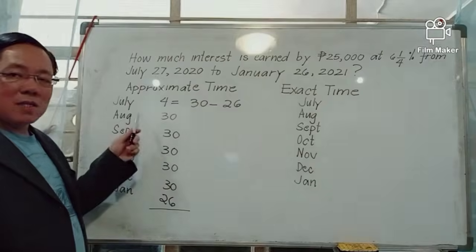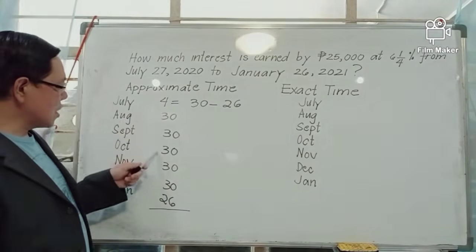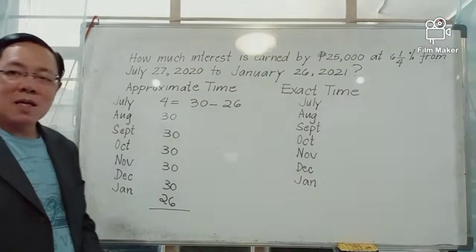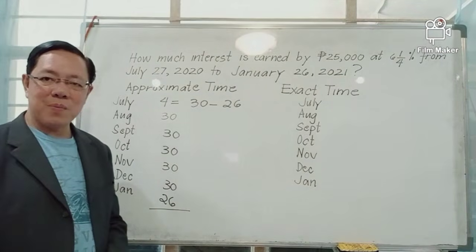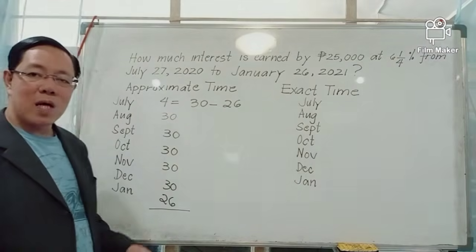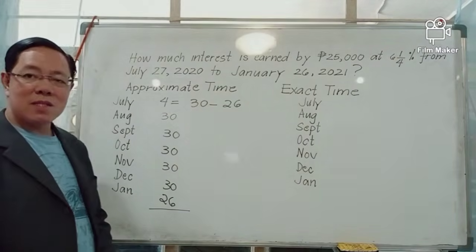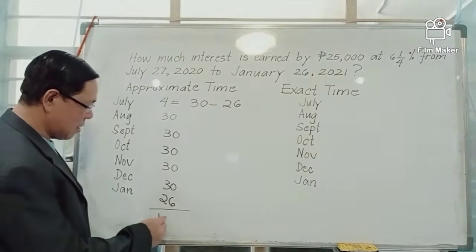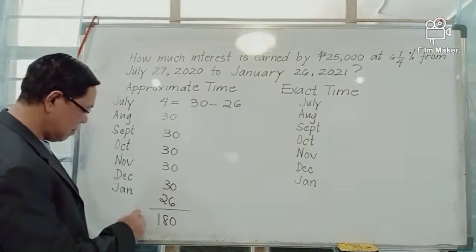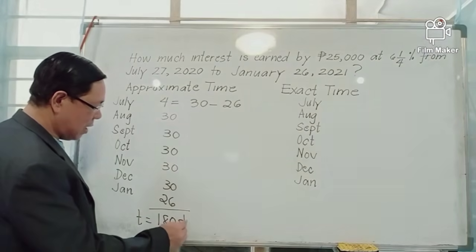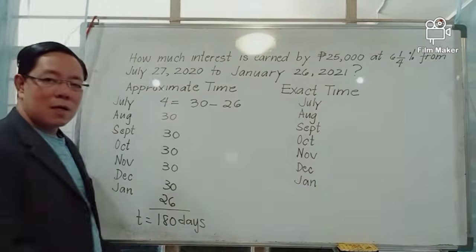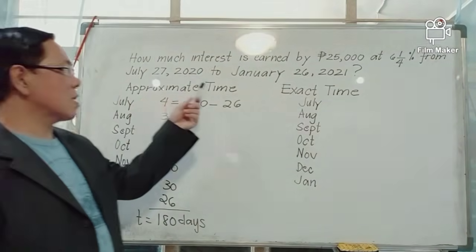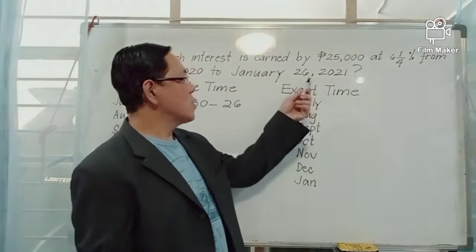And we add: we have 5 months, 30 multiplied by 5 is 150, plus 26, 176, plus 4, 180 days. 180 days is the approximate time from July 27, 2020 to January 26, 2021.